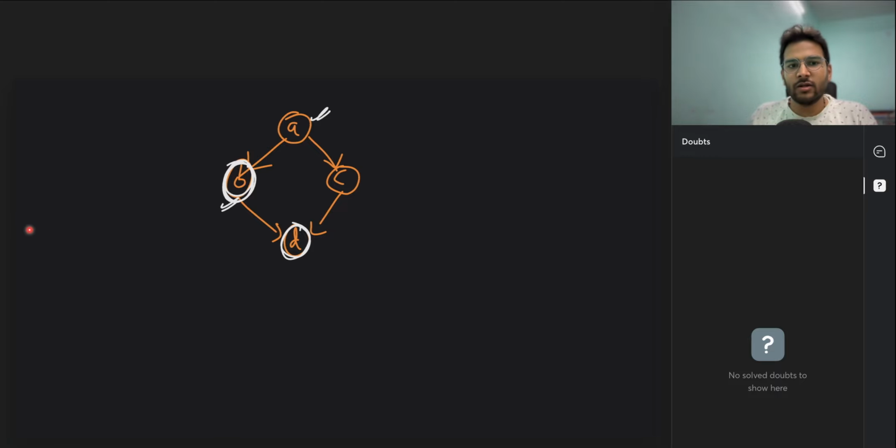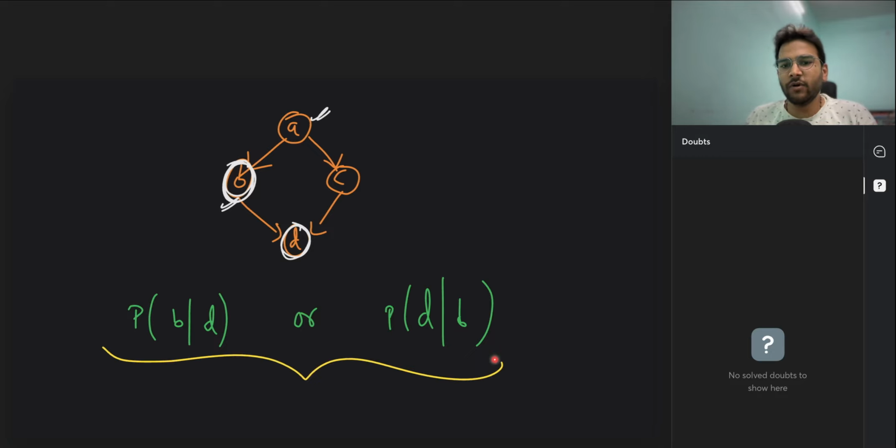Is this clear? So if I ask you a simple thing again, probability of B given D is well suited or probability of D given B? Now tell me the answer. Which is well suited for likelihood weighting?